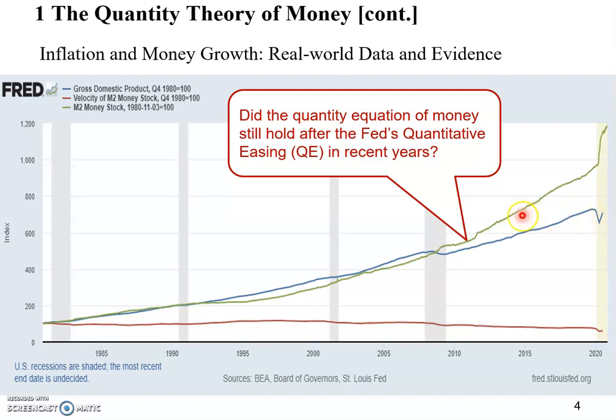Does that mean the quantity equation of money did not hold anymore during the post-Great Recession? But if you take a closer look at the chart, especially the velocity of money, you would also find that the velocity declines a little bit. So we're still not sure if the velocity times the money supply would still be approximately equal to nominal GDP.